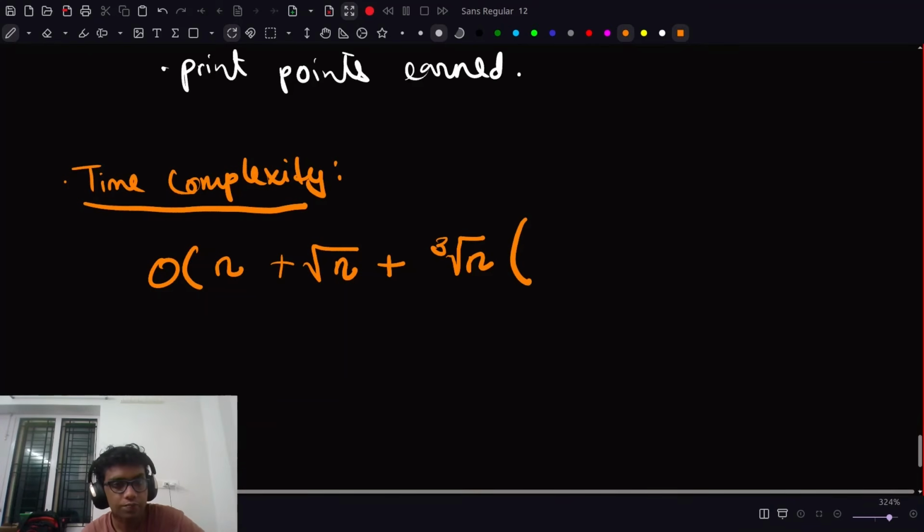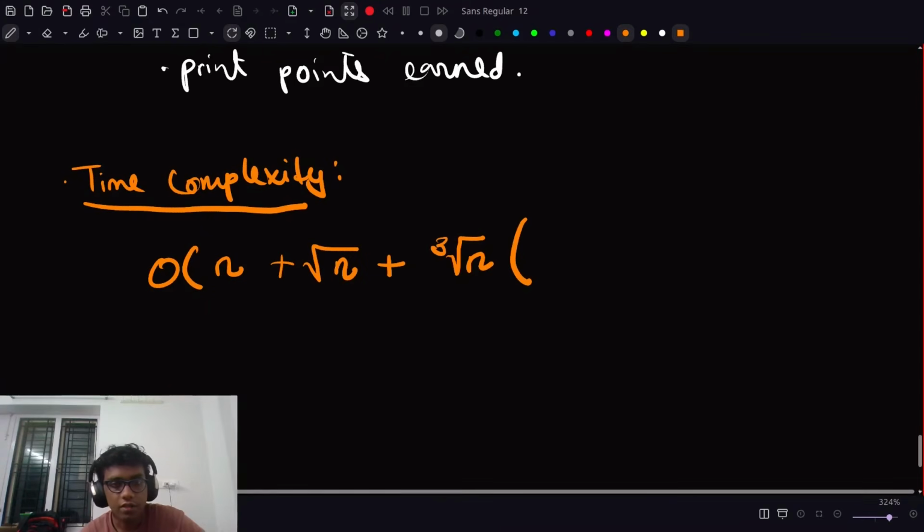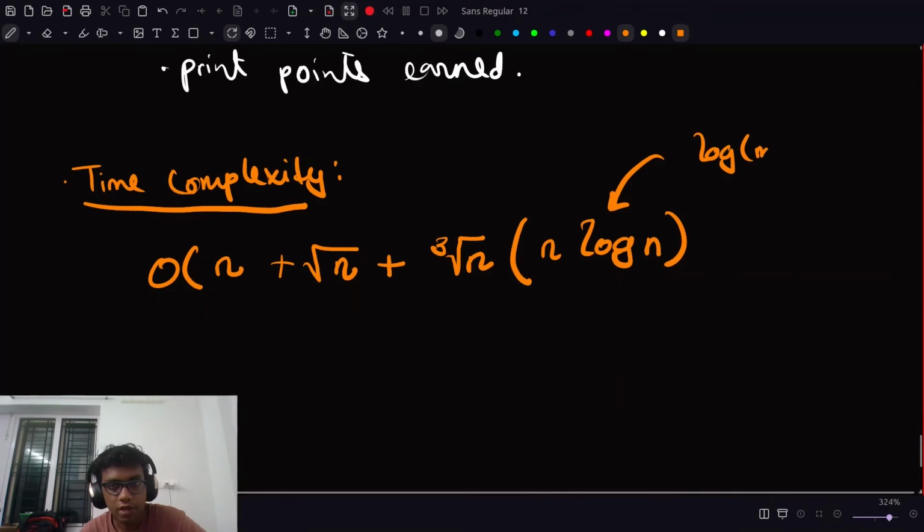Now what are we doing inside each divisor? We are going through all the n elements and we are taking GCD. So you would expect that the time complexity is roughly n log n, because the GCD of two numbers takes log of min(n, m) time. That's why we get this, and this will be the time complexity.